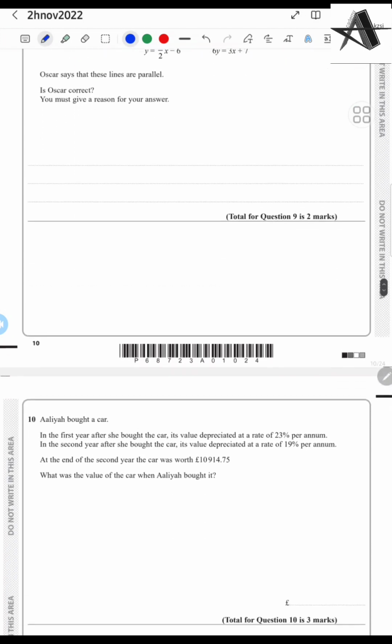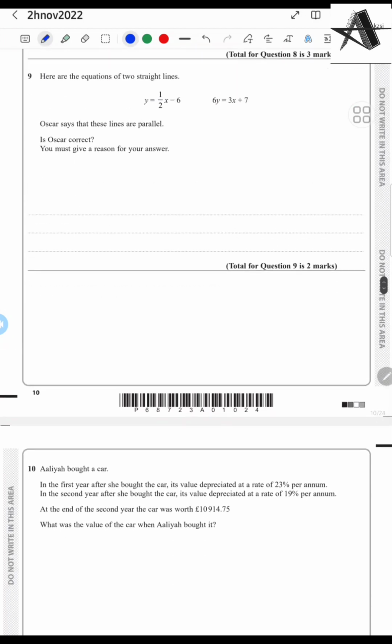Now question 9. Here are the equations of two straight lines. y equals half x minus 6 and 6y equals 3x plus 7. Oscar says that these lines are parallel. Is Oscar correct? See, it's important. There are two things that you have to keep in mind. There are two conditions: if lines are parallel, and if lines are perpendicular.